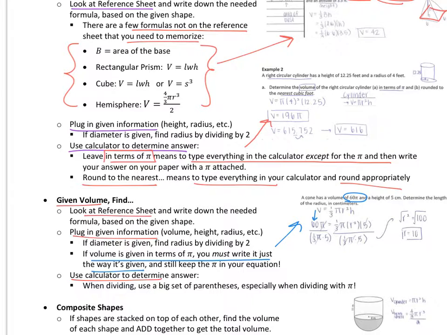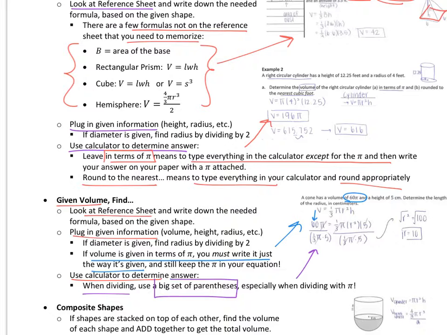And then when dividing, which you often have to do when solving for a height or a radius or whatever it may be, use a big set of parentheses like you see over here in this example. I was dividing the right side, the 1/3 pi r squared times 5, by a big pair of parentheses to get rid of the 1/3, the pi, and the 5.